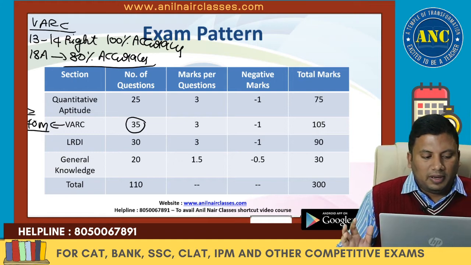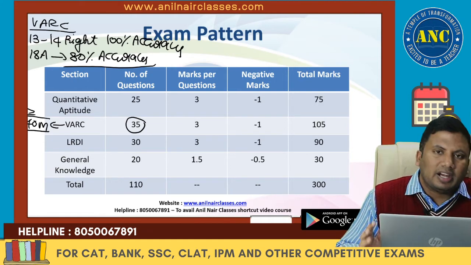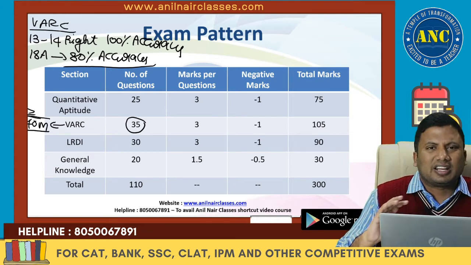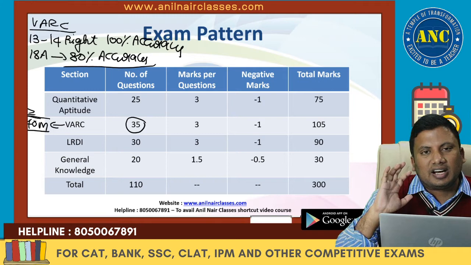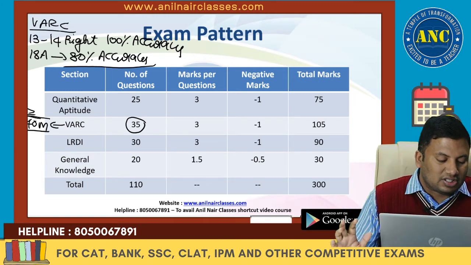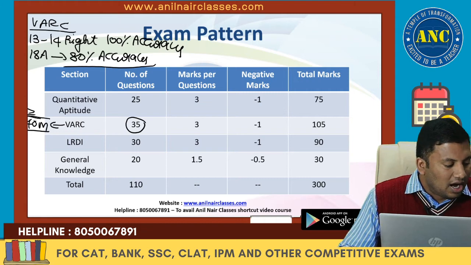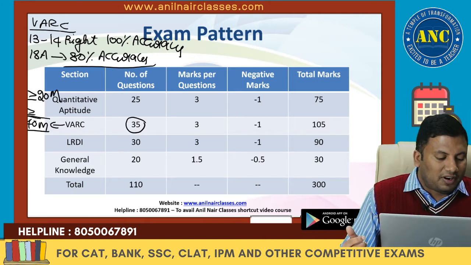Generally, anything greater than or equivalent to 35 marks, you have good chances, and anything greater than or equivalent to 40 marks, you have definite chances. This is in VA and RC. Even in quantitative aptitude you should try to cross a sectional cutoff of 20 marks.